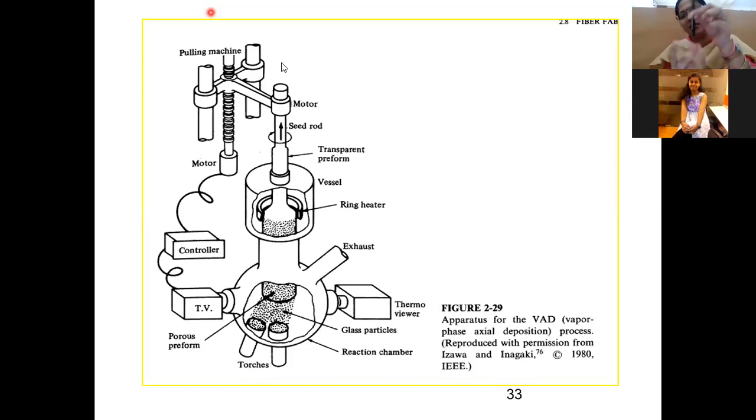Since the deposition is taking place over here, I call it the lateral process. So that's why it was important for me to show what happened in outside vapor phase oxidation method. This is also vapor phase oxidation method, but the deposition is taking place in the lateral way. नीचे से हो रहा है. Lateral direction में हो रहा है, and then I'm pulling up the rod in this way.